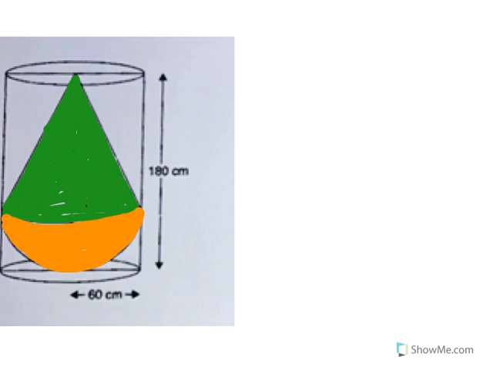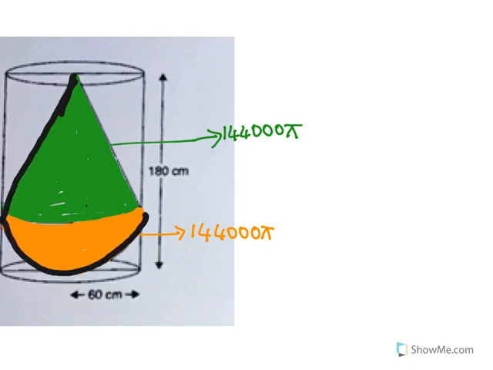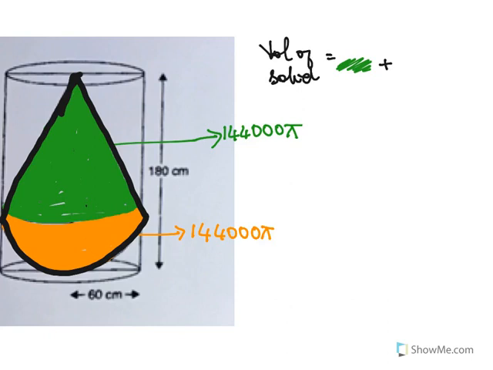Now the volume of this cone we saw was 144,000 pi, and the volume of this hemisphere was also 144,000 pi. So the volume of this entire solid, which is placed in the water, will be volume of the cone plus volume of the hemisphere.